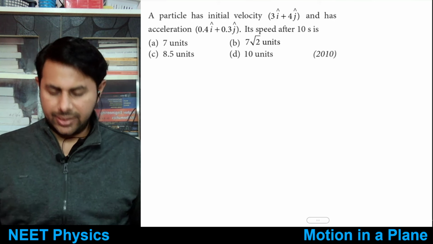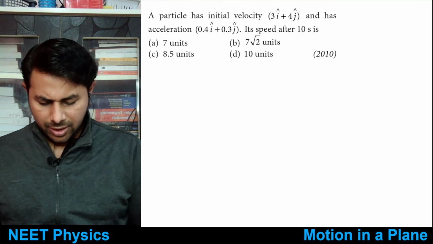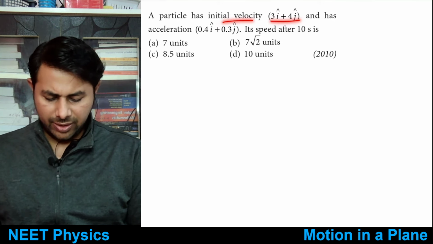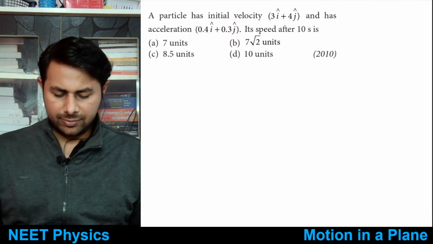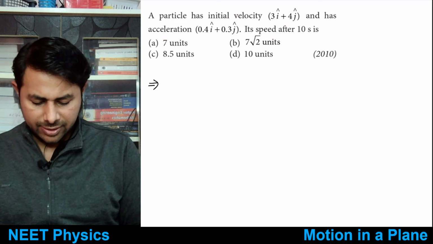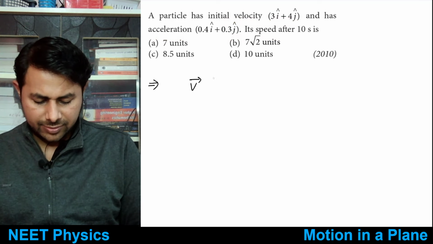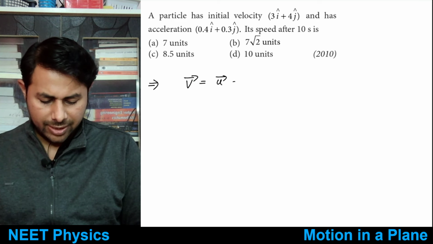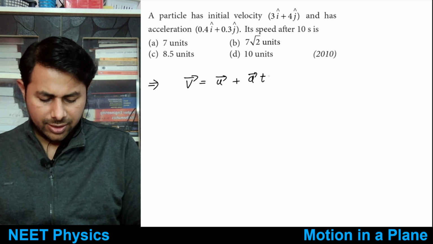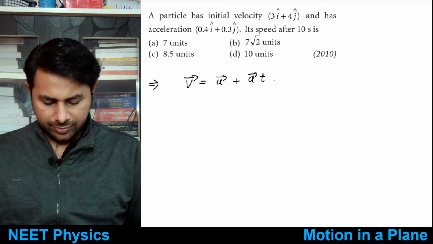All right, let's see the next one. A particle has initial velocity this one and acceleration this much. Speed after 10 seconds is. So just find out the final velocity. So final velocity v bar is equal to, you can say, u bar plus a bar into t.